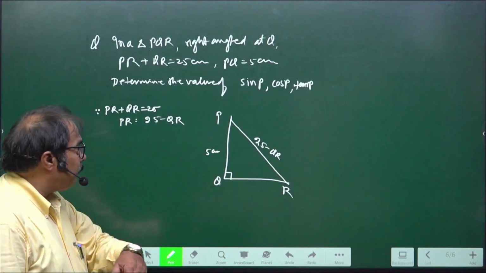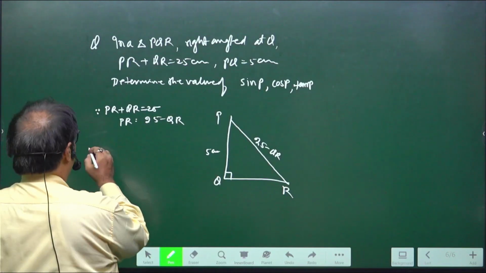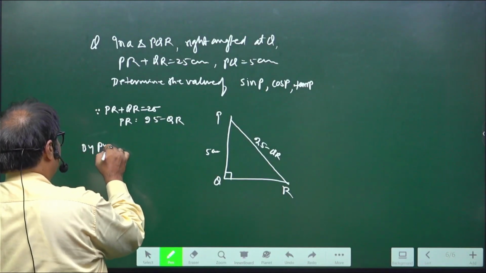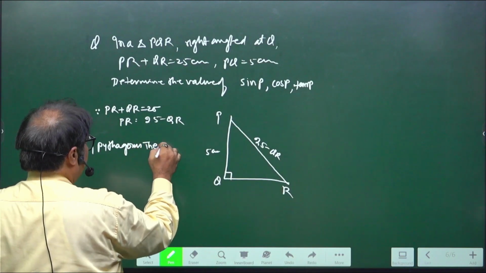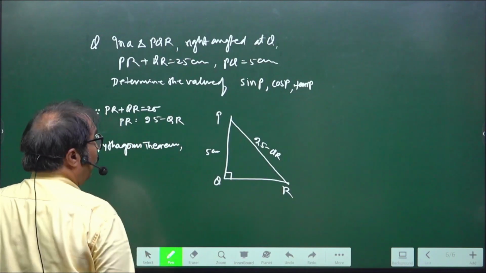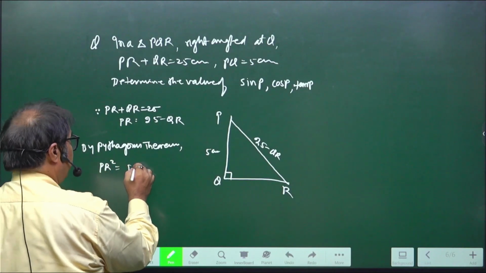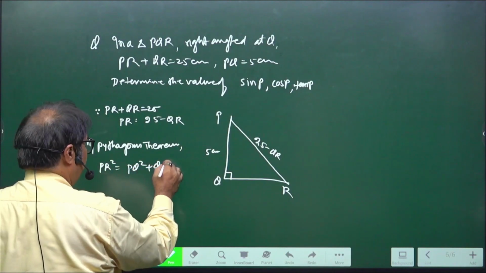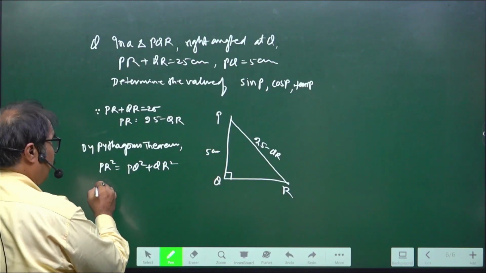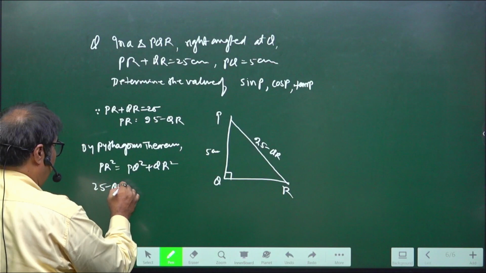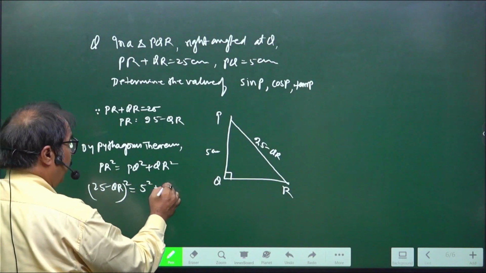So apply the Pythagoras theorem and get the value of QR. By Pythagoras theorem, PR square is equal to PQ square plus QR square. PR square means 25 minus QR whole square, and PQ means 5 square, plus QR square.